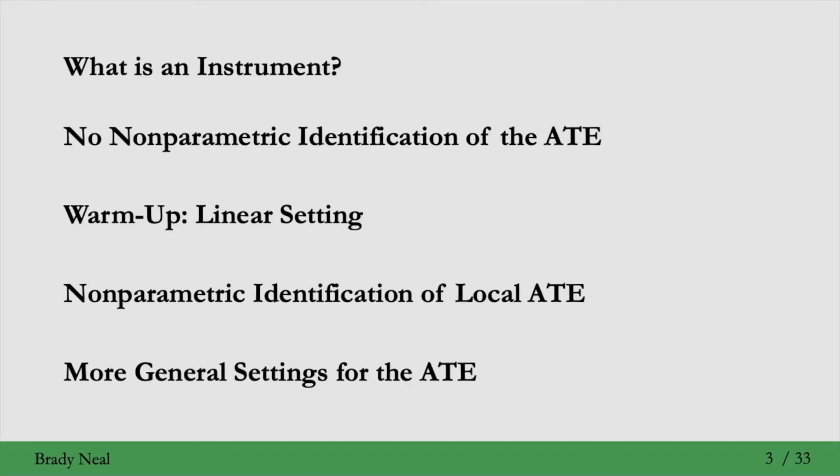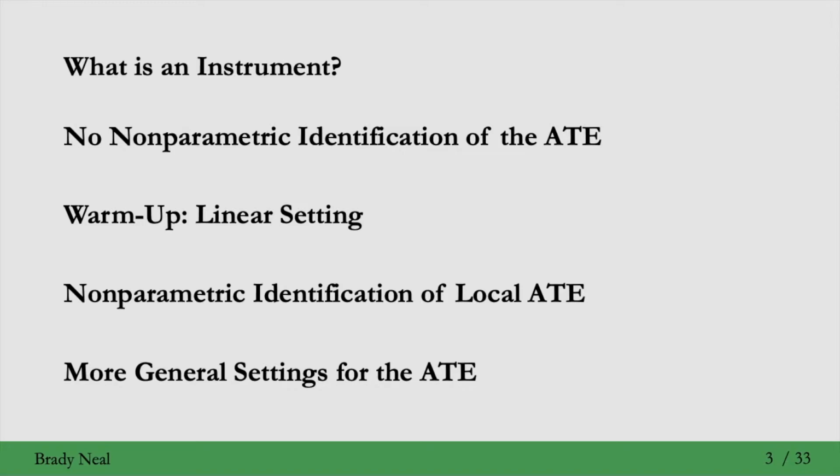Here's the outline of this lecture. We'll first define what an instrument is. Then we'll emphasize that there is no nonparametric identification of the average treatment effect with instrumental variables. Then we'll warm up with showing some identification in a simple linear setting. But because it's a linear setting, it's not super satisfying.